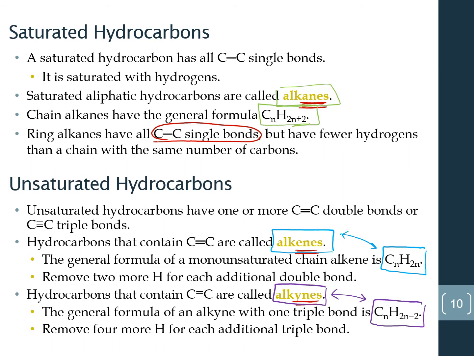That's what the formula is telling you. The formula is useful for you to calculate how many hydrogens you have depending on the number of carbons. So you need to know how many carbons in order for you to be able to calculate how many hydrogens you have. The same thing applies to your alkenes and alkynes.